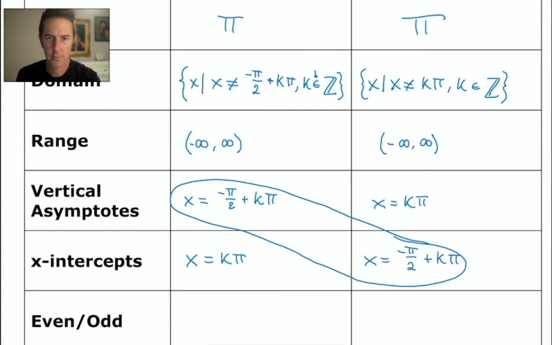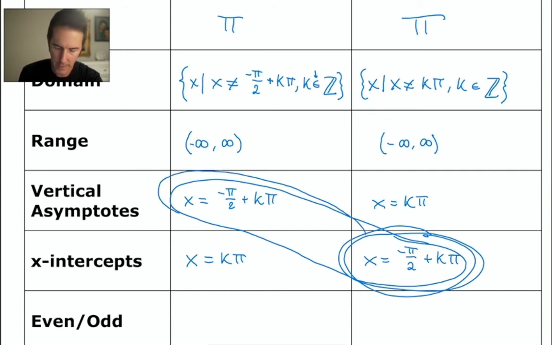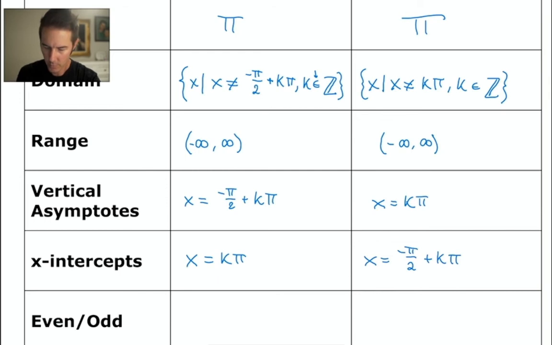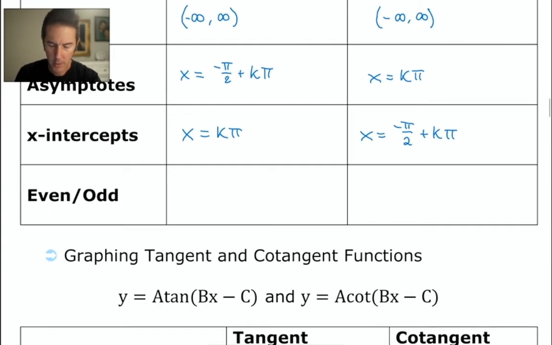I said that backwards. The x-intercepts for the cotangent graph happen where the tangent graph has its vertical asymptotes. So if you want to put in some sort of a note indicating that these correspond, that should help stitch the picture together a little bit better. Both of these functions are odd functions.